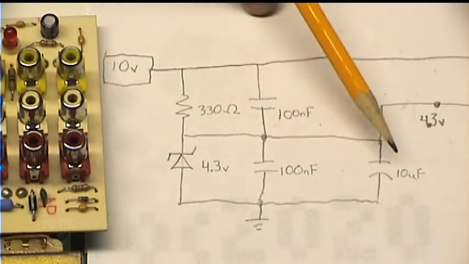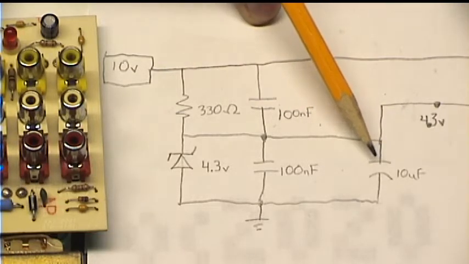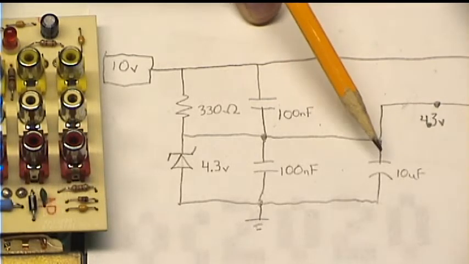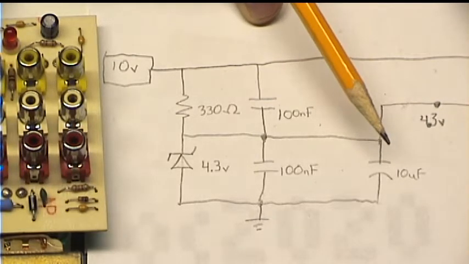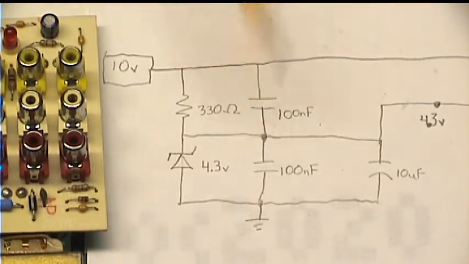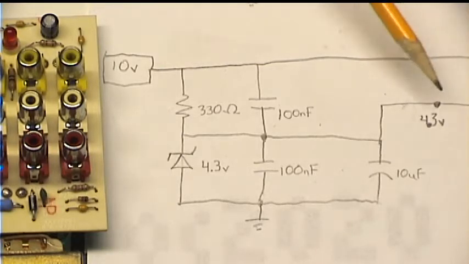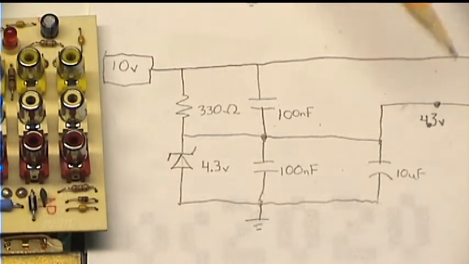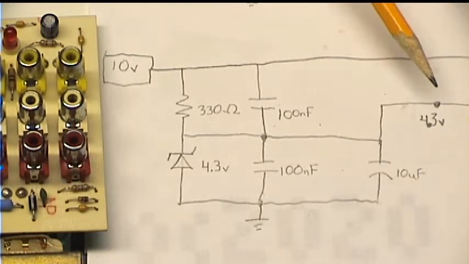And then we have a 10 microfarad capacitor to provide some extra bulk capacitance for higher current pulses. And we have some more decoupling capacitors. Now, what this 4.3 volts gets used for is where the interesting stuff happens.